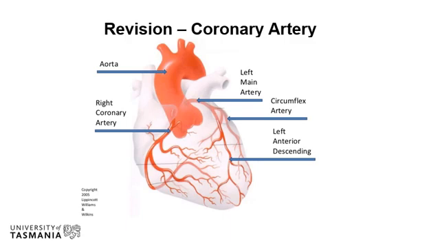This allows for a reduced time for coronary blood flow to occur, and hence an increased risk of tissue ischemia. It's also the reason that adequate diastolic blood pressure is critically important.